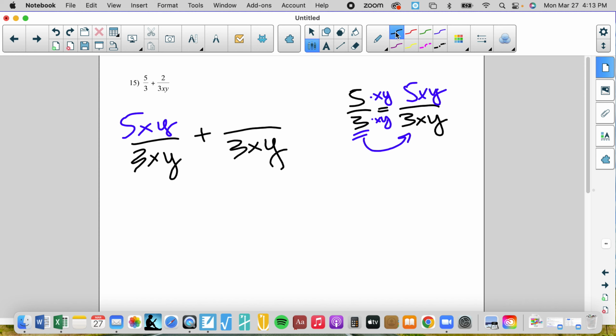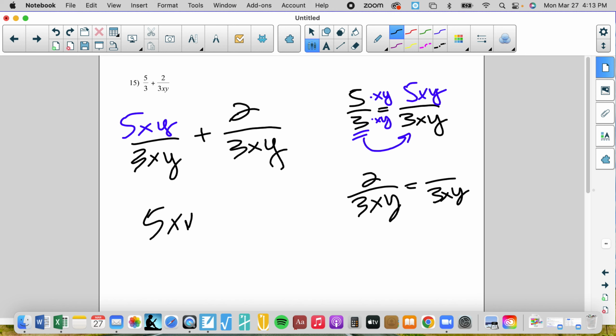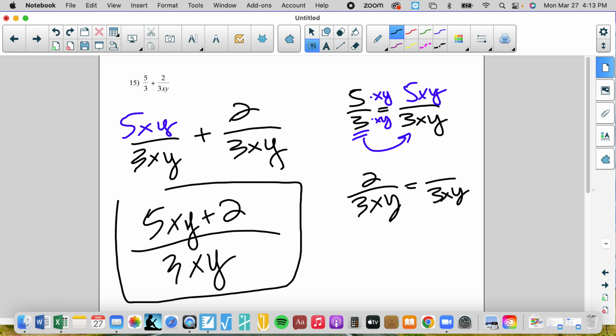What do we multiply 2 over 3xy by to get 3xy? We multiply by 1, so we're not going to change that. That's the same denominator. Let's combine their numerators. You have 5xy plus 2 over 3xy. That's our answer. Can't factor anything out of the numerator.